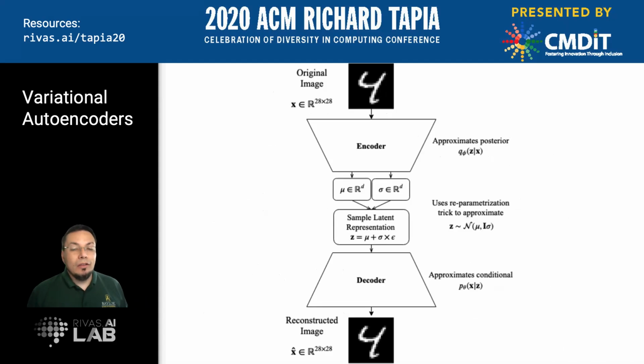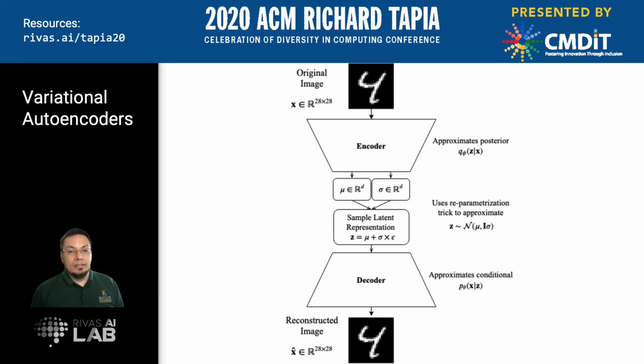What we're really learning by using the reparameterization trick is the parameters of the latent space. We said that Z is a variable that comes from a latent space, but that latent space has a distribution, and the distribution is given by mu and sigma.